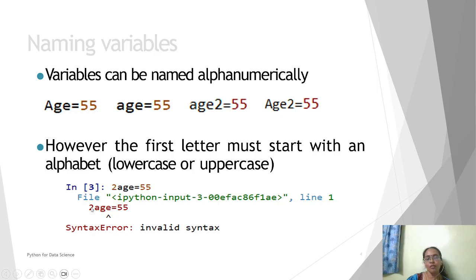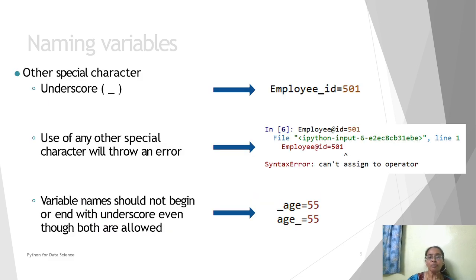It can be alphanumeric, but the first letter should not be a number, otherwise it will give a syntax error. Otherwise, we can use lowercase or uppercase, whatever it is. And we should not use any special character except the underscore.